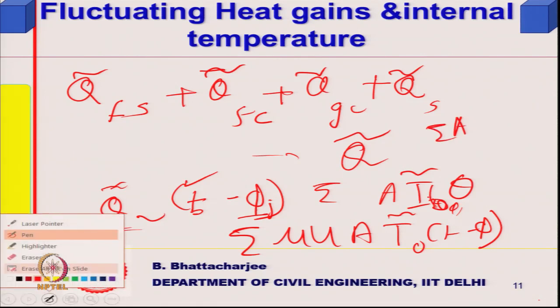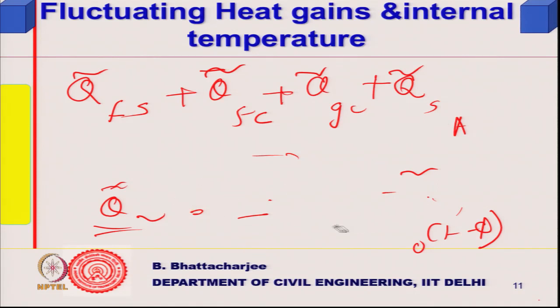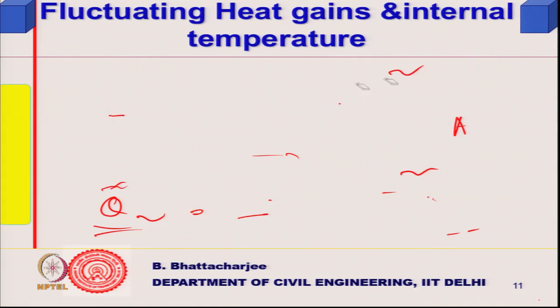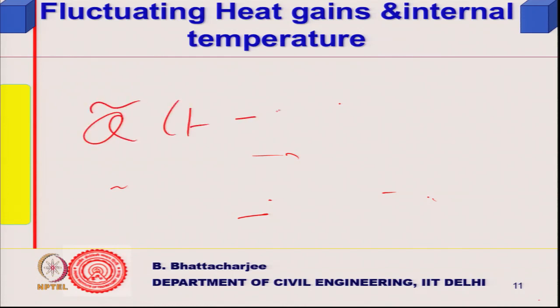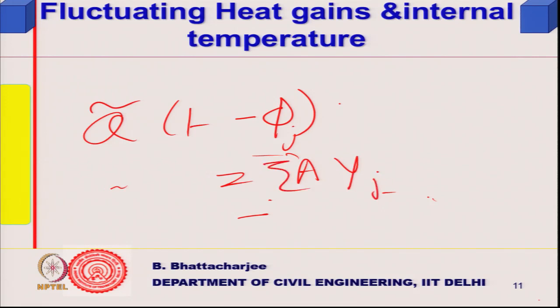That sum of all those components must be equal to sigma A y into T I swing. Let me write it first: the sum of Q bar at T minus phi j, with the corresponding phi j, must be equal to sigma over the j surfaces of A y into T I swing, because by definition Q swing divided by T I swing I am calling y.